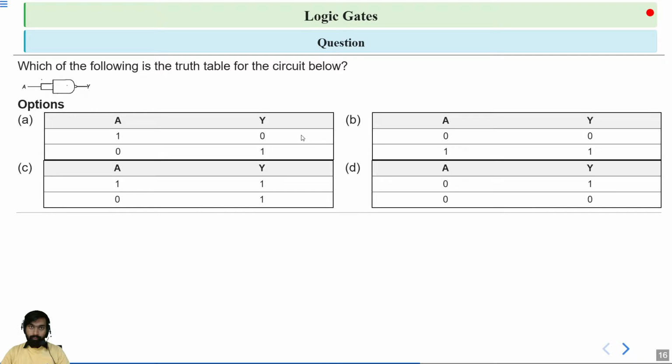Next question. Which of the following is the truth table for the circuit below? Okay. So there is a circuit. This one you have to find out which one is the correct truth table. The question asks you to identify the correct truth table for a given logic circuit.